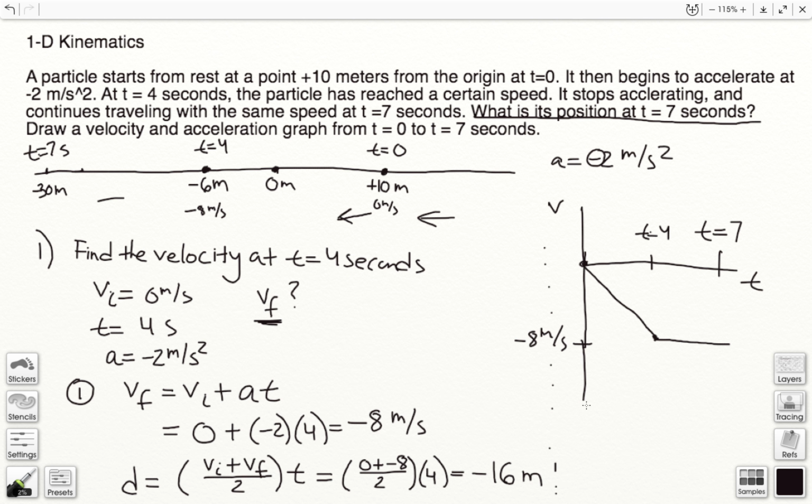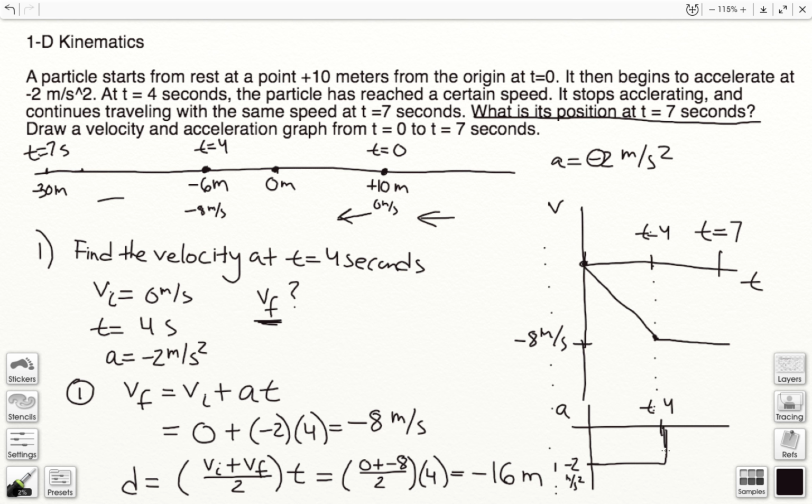Now, my acceleration graph, if you're familiar with calculus, will be the derivative of this graph. From time equals 0 this is negative 2 meters per second squared, until t equals 4, where I move with constant acceleration.